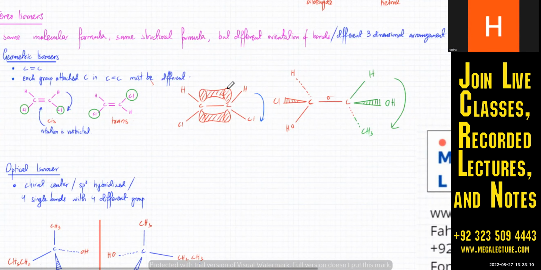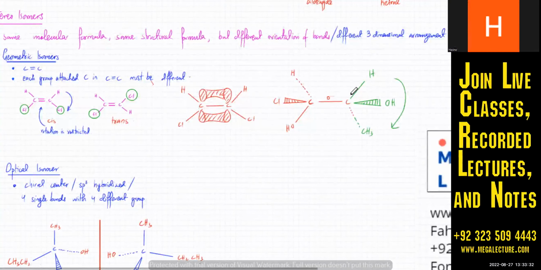Is that clear? Yes, sir. So independent rotation of the two sides is restricted. If I rotate this side, the other side would definitely rotate along with it. It's not going to happen that if I rotate one side, the other side will not rotate. If there was a single bond, independent rotation is possible.